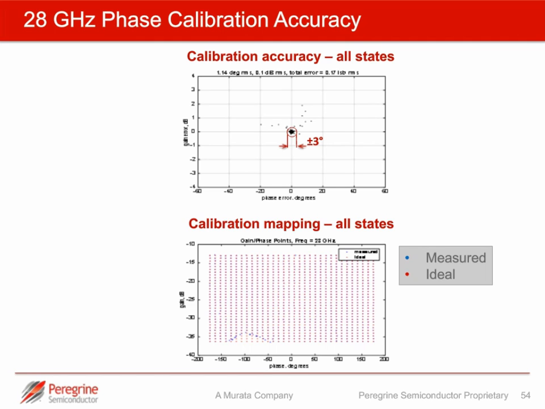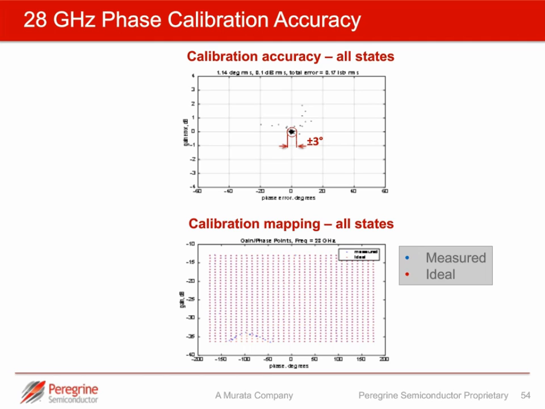And this is showing some measured data of what is possible. What we're showing in the top diagram is, if we look across all phase possibilities, all combinations, looking at gain adjustment and phase adjustment, we can hold less than plus or minus 3 degrees phase error across all possible combinations. The diagram at the bottom is showing the calibration mapping for all states.